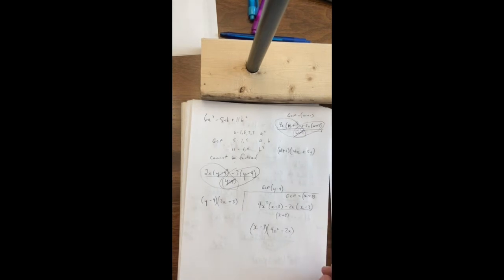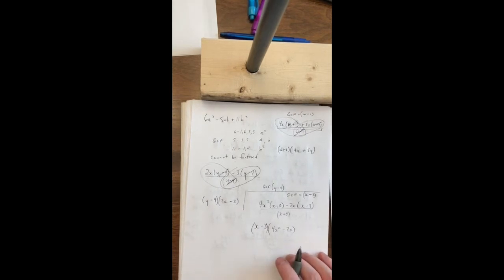Now, this is where we're going to take it one step further. So we can break this up further. And rather than trying to do it up here, which just becomes a little bit dirtier, we're going to do it here now. So out of this, we can pull out a 2x.